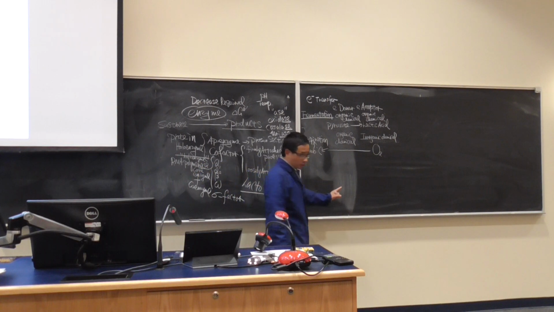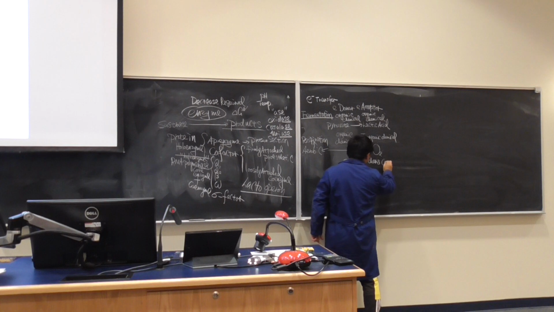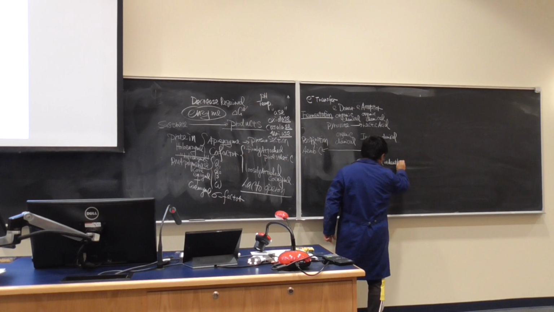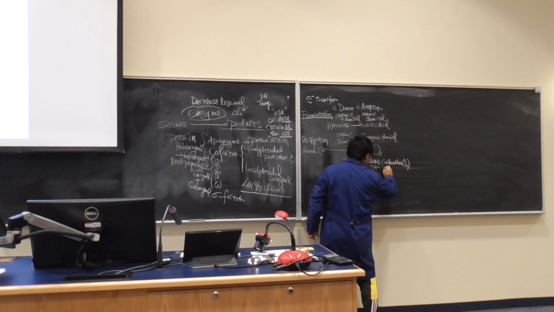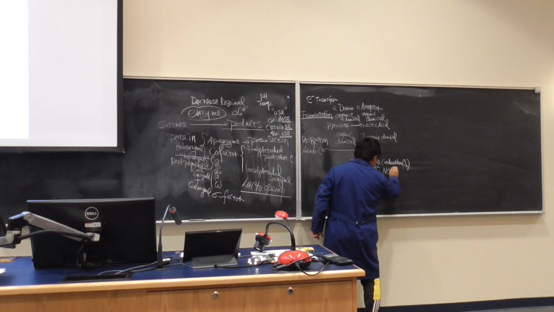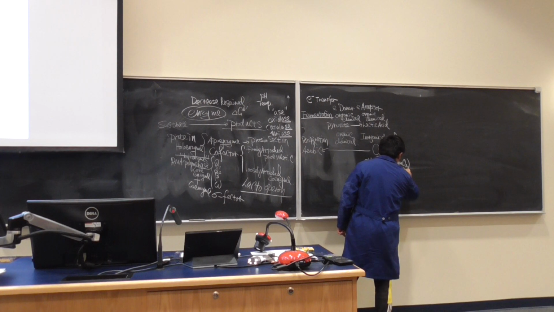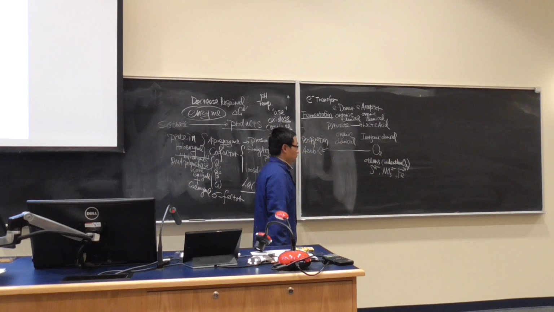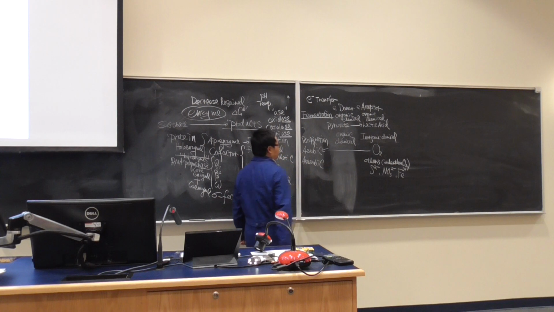If this inorganic chemical is other than oxygen, such as sulfide, nitrite, could be ferric or others, this is called anaerobic respiration. And I want to tell you one thing.